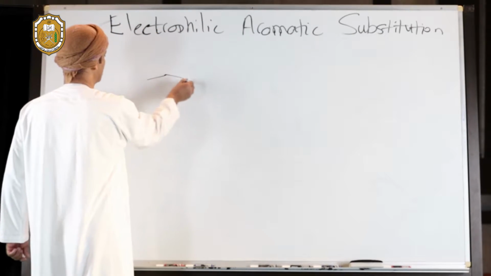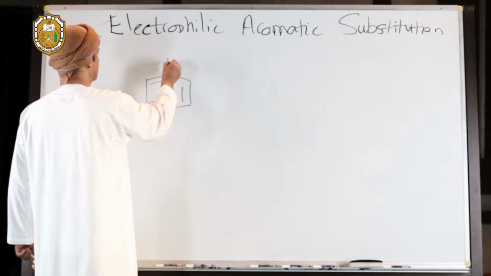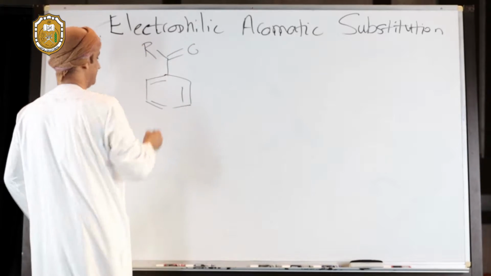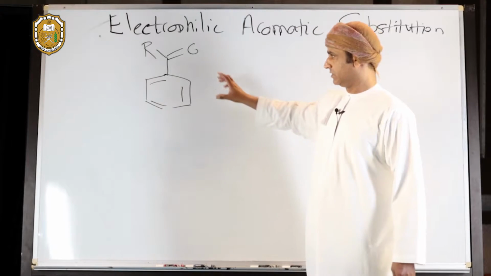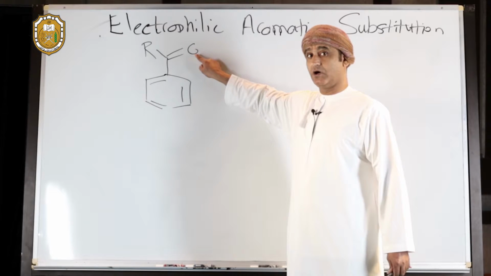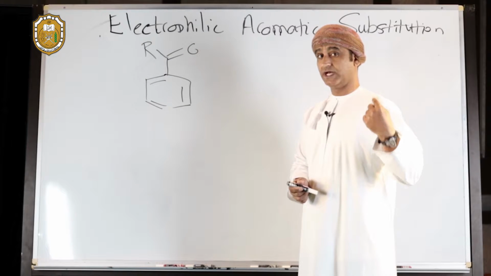Let's take carbonyl compounds. So if you take this general structure for phenyl ketones, if you look carefully at the structure, you would notice that there's a carbon-oxygen double bond. Recall the nitro group.